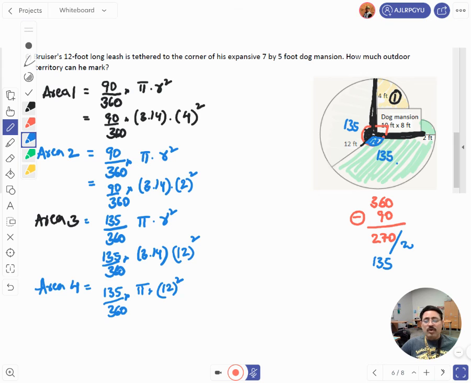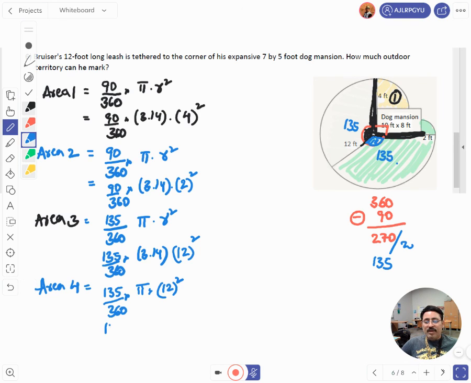You may also combine these two parts and say that 270 is the central angle, because if you exclude that 90 degrees, you get 270 over 360 times pi r square. That way also you can do it. It's one and the same.